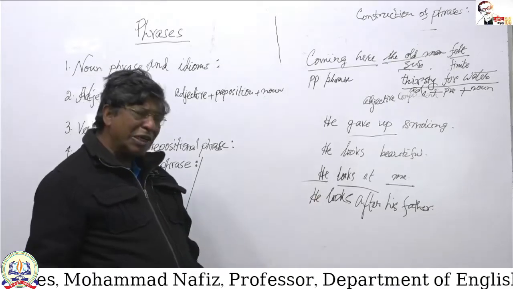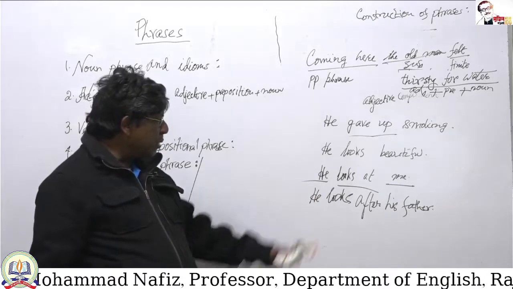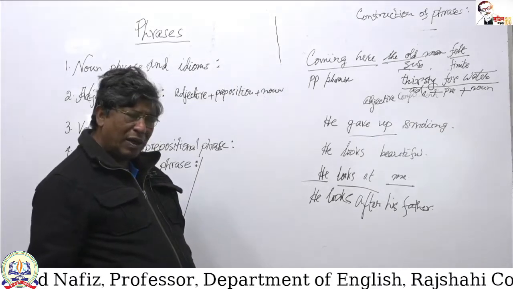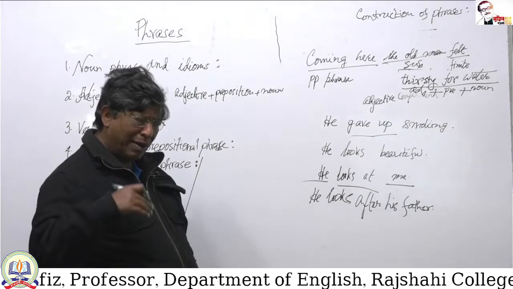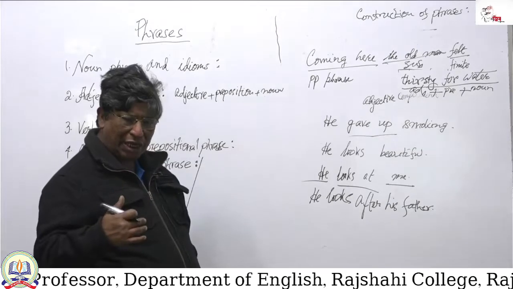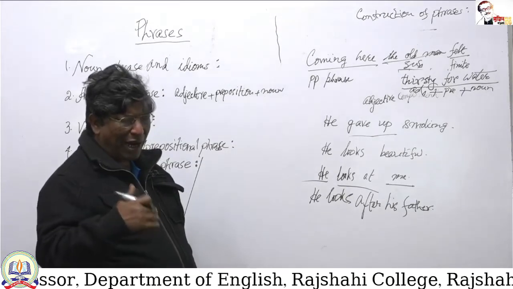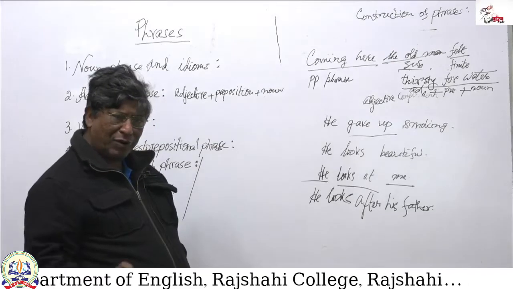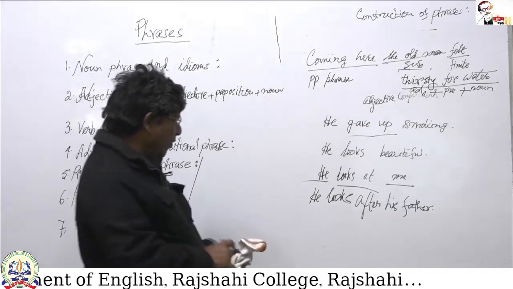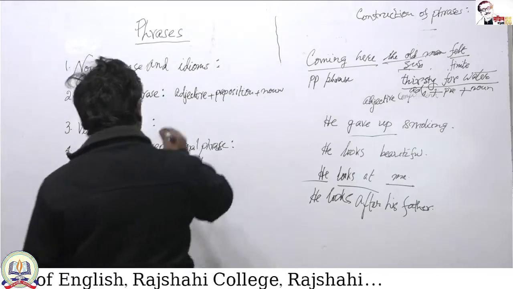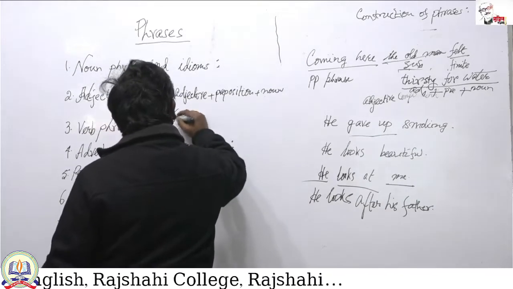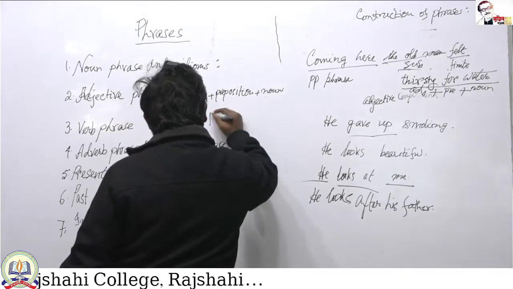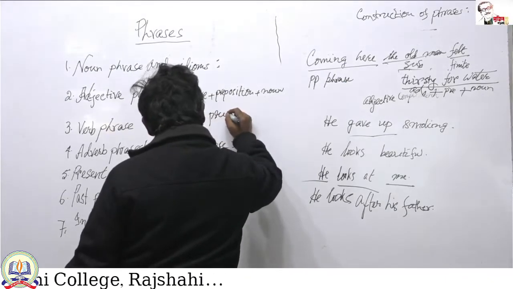And such type of group verbs, when a verb follows a preposition and a verb and a preposition make a single verb, this is called a phrasal verb or verb phrase. And always in a verb phrase we have a verb followed by a preposition.